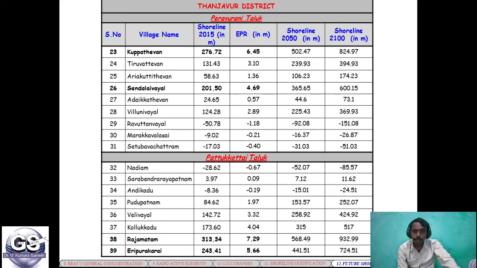The prepared table displays the maximum shoreline position, with a large accretion of 502.47 in Peravurani Taluk in Kuppathevan village, and Rajamadam village was noticed with a high percentage of increase in Pudukkottai Taluk.